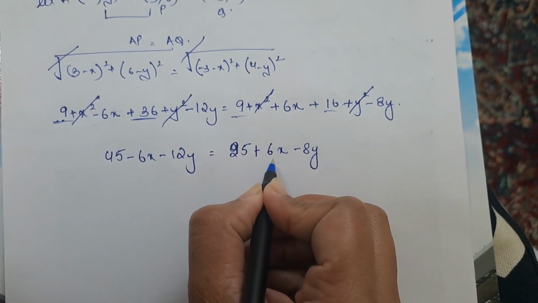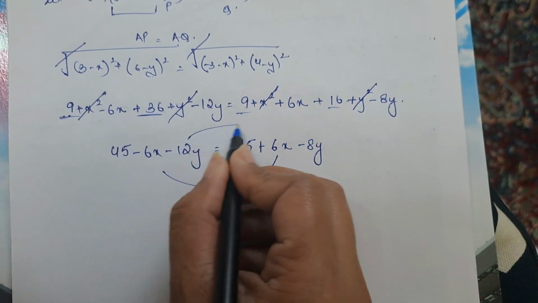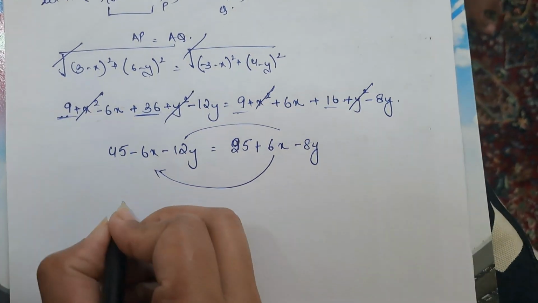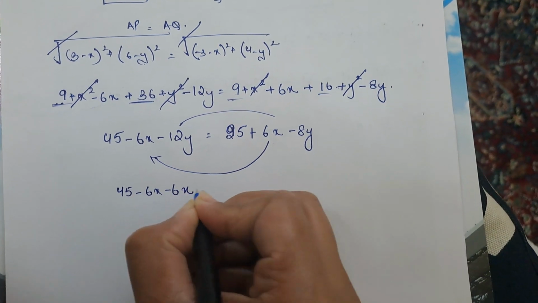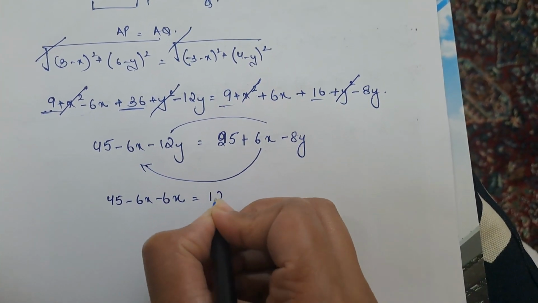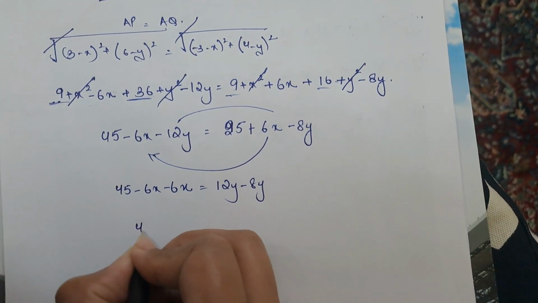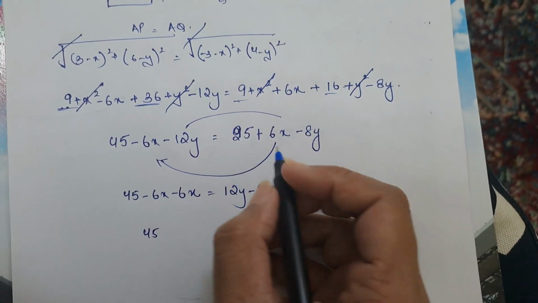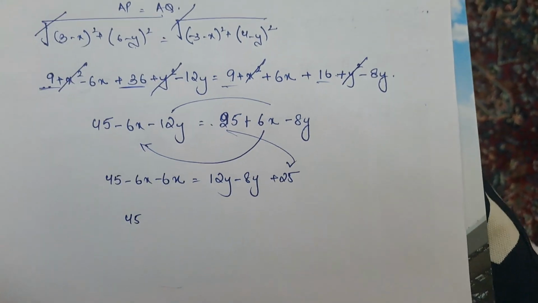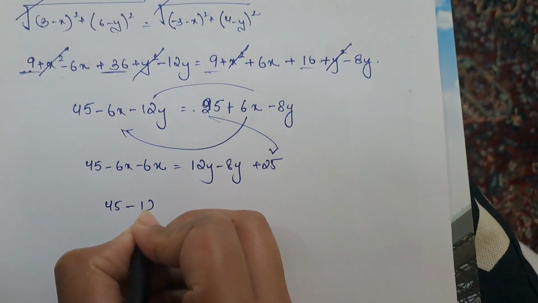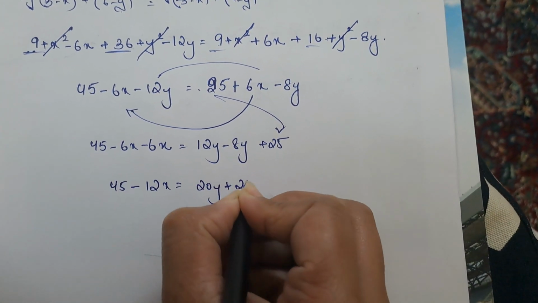Now I'm going to bring all the x's towards one side and all the y's towards the other side. So it becomes 45 minus 6x minus 6x is equal to 12y minus 8y. Also you have plus 25 here; I forgot to copy this 25. Minus 12x is equal to 20y plus 25.